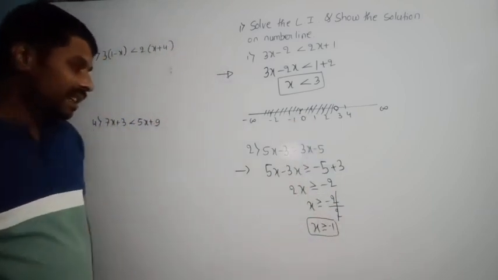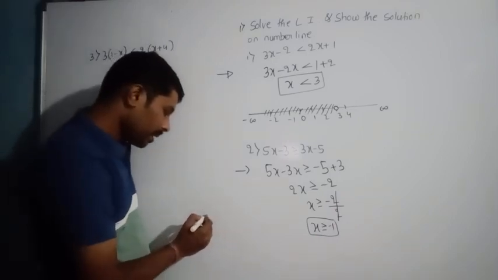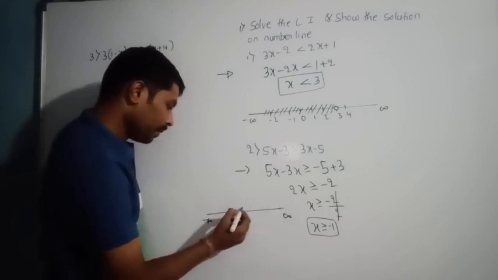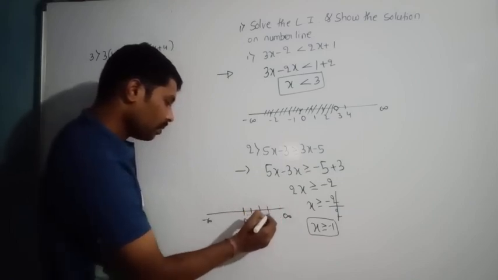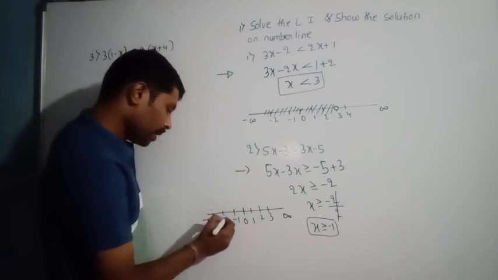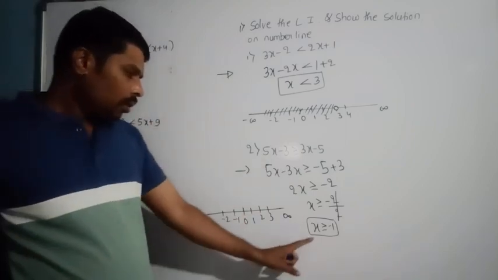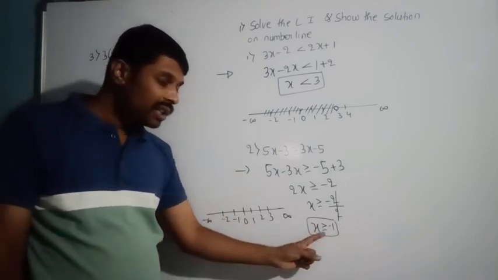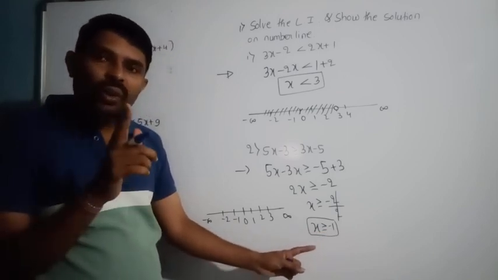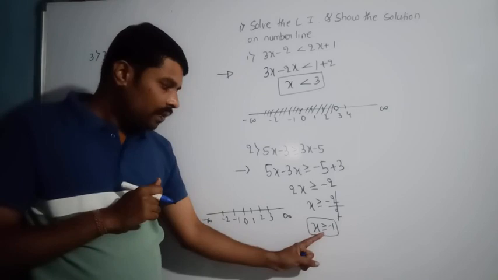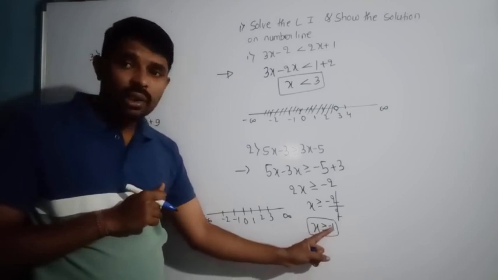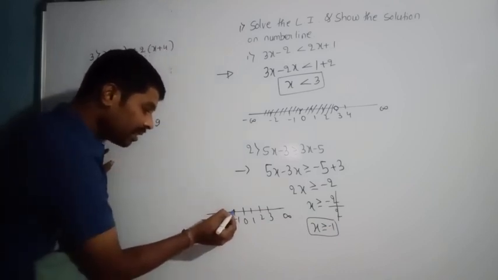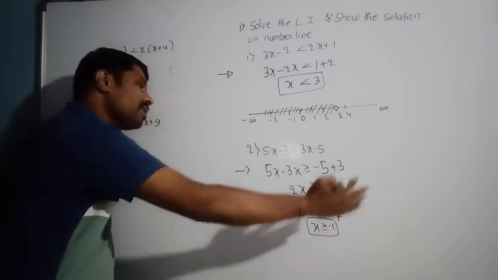How to mark it? Look, minus infinity, plus infinity, 0, 1, 2, 3, minus 1, minus 2. Greater than minus 1 means bigger than minus 1, but is minus 1 included or not? Look, equal to is there, so minus 1 is also included. How to mark it? Dark circle, minus 1 included. Greater than means this side, right?